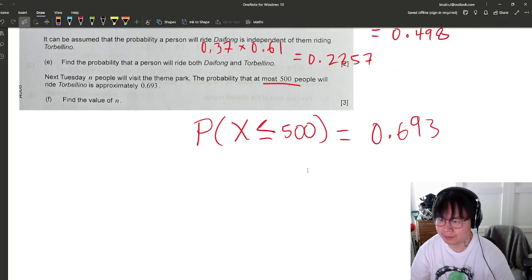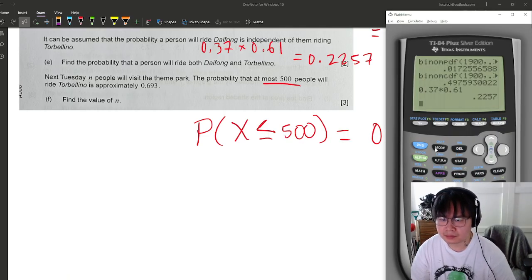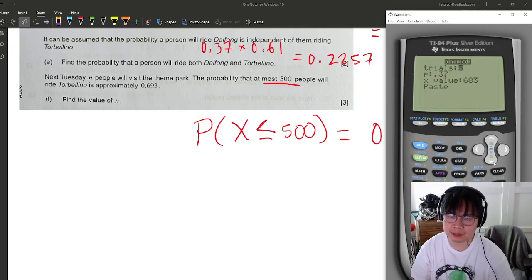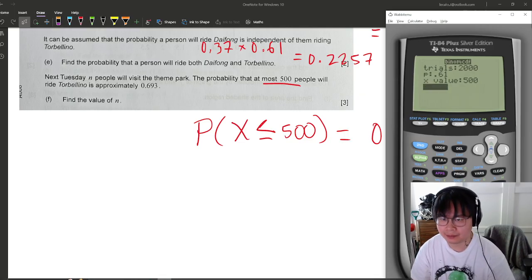So we're just going to guess and check. We need to guess how many people are going to visit the theme park. So I'm just going to start with like 2,000, and Torbolino is 61%. And we know there's 500 people that we would like to go on the ride, at most 500.